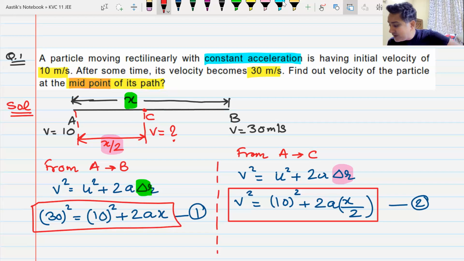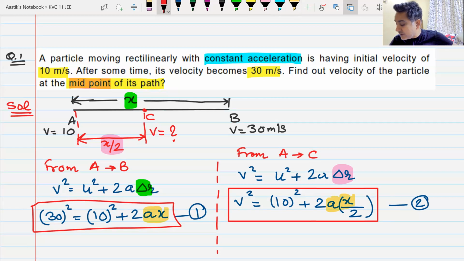I can tell you my way. What will I do? Here I have a into x. Here I also have a into x. I will equate both values of a and x, and I will get a simple equation that can give me the value of v square.